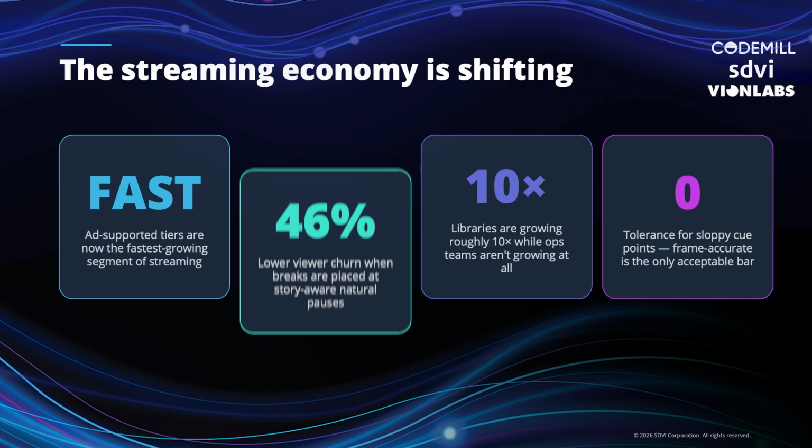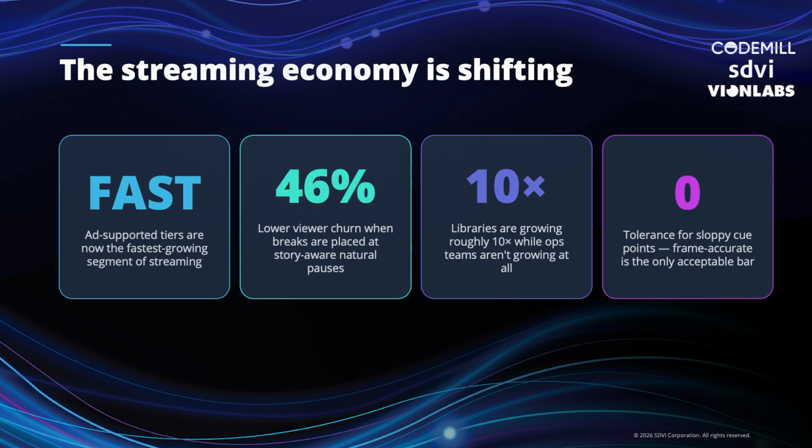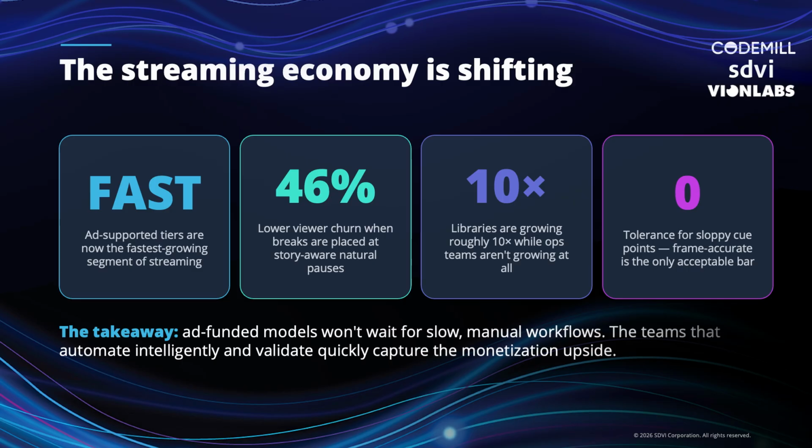But the number that always stops people, 46% lower viewer churn when breaks are placed at story-aware natural pauses. That's not a marginal improvement. That's a structural difference in the quality of the ad experience. What we're going to talk about is how our solution can make that problem go away, or at least minimize the impact of bad ad placements.